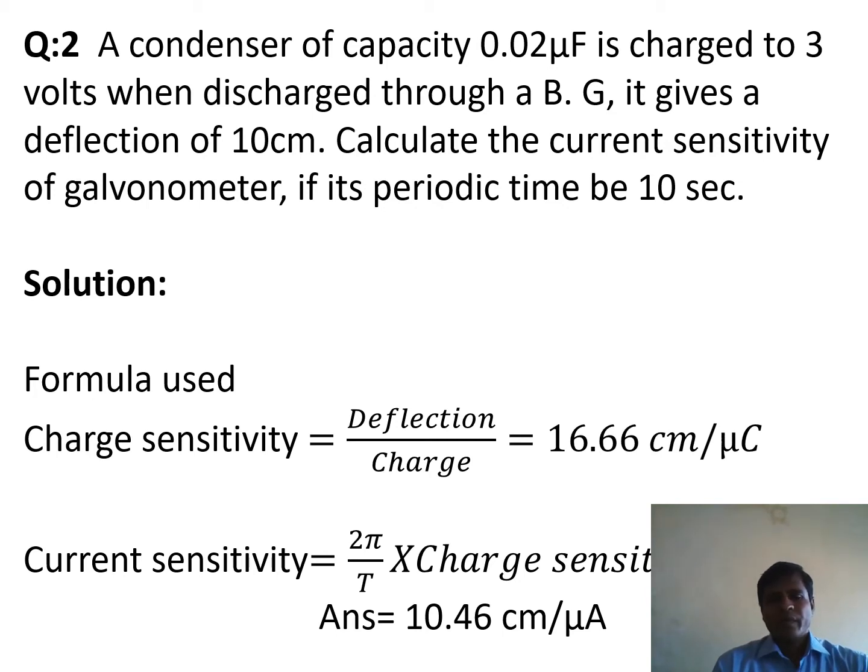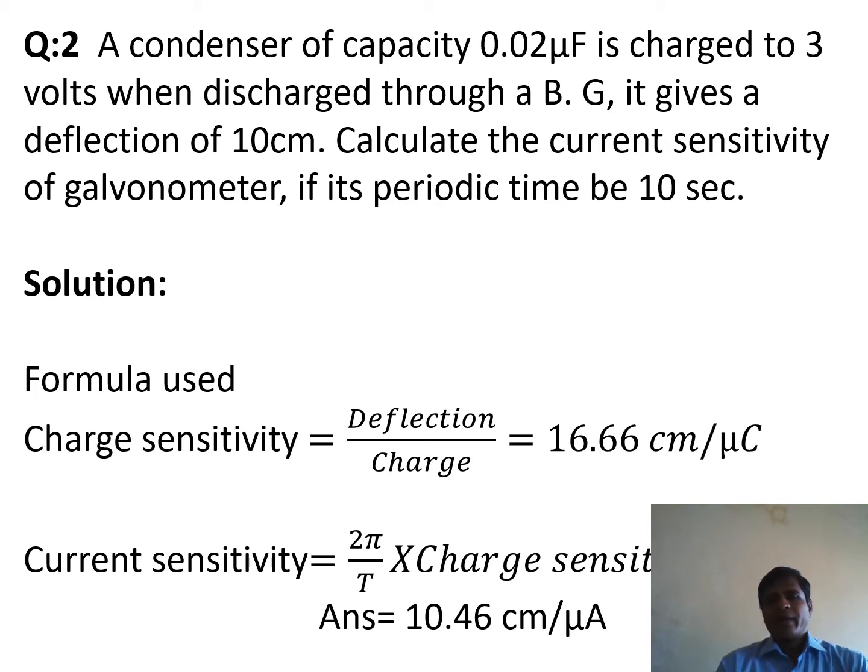Solution. First we shall see the given quantities, that is condenser capacity is equal to 0.02 microfarad and the voltage is 3 volts and the deflection is 10 centimeters and the capital T, that is periodic time, is equal to 10 seconds. And we know that the charge sensitivity is equal to deflection upon charge.